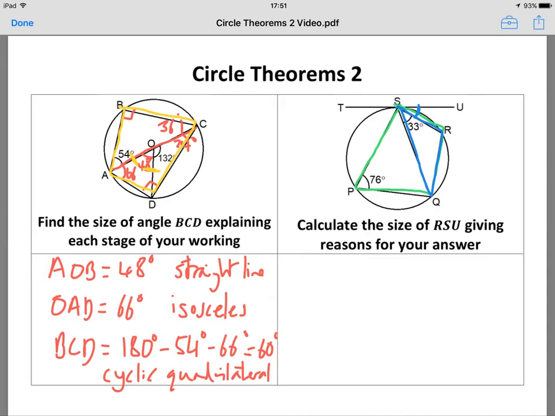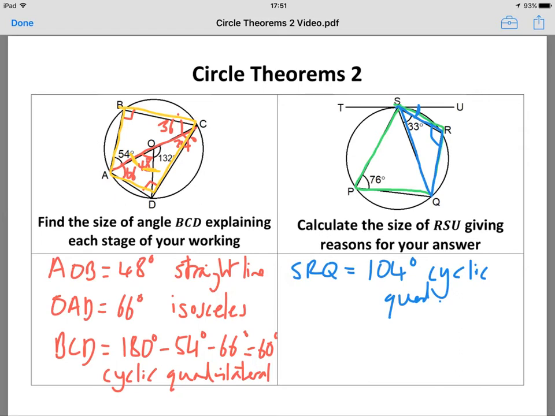So what I'm going to do is use cyclic quadrilateral to find SRQ, so that's this angle here. Right, and that I'm going to say is 104, and that's cyclic quadrilateral as well. Opposite angles add to 180, again, space at a premium for me.